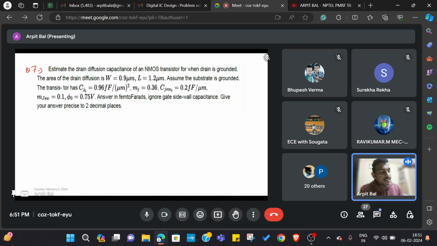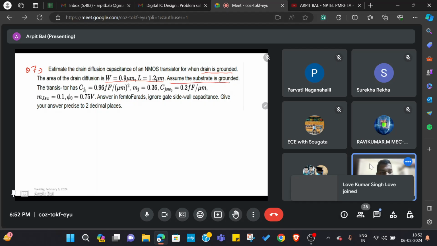So we have to estimate the drain diffusion capacitance of an NMOS transistor when the drain is grounded. The dimension of the drain diffusion is given, we need to figure out the area. Assume that the substrate is grounded, meaning the body is also grounded.